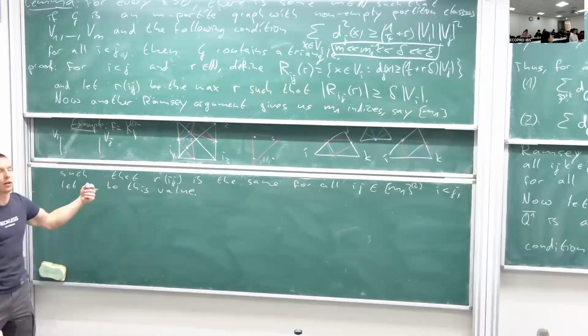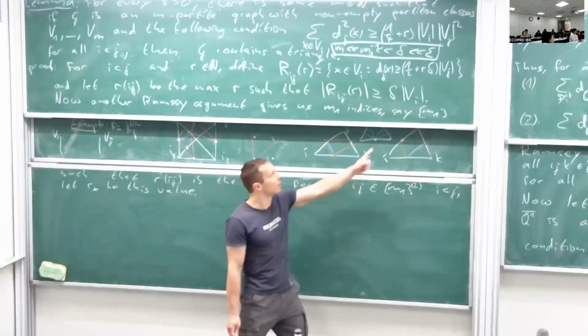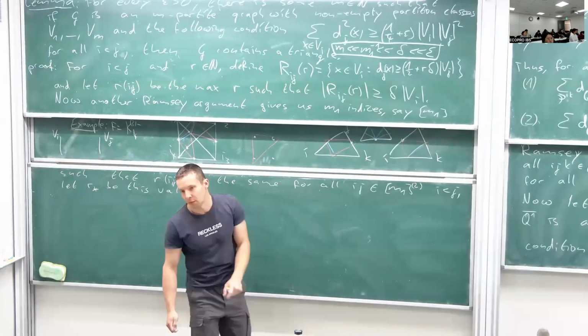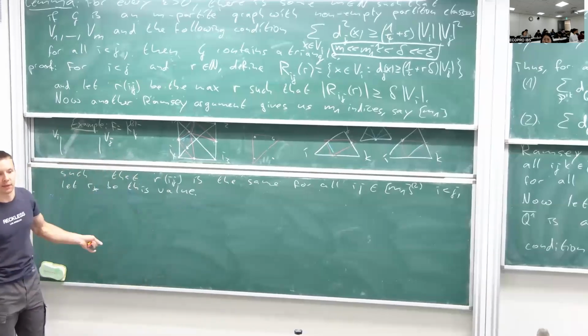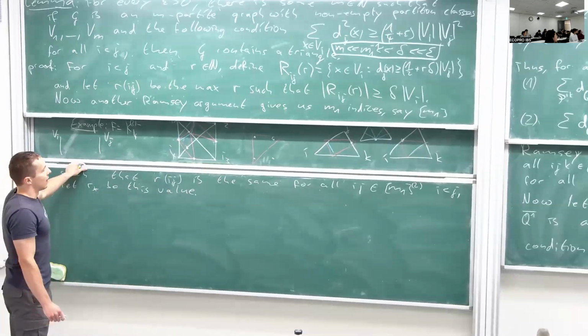And there are a few exceptions, but those exceptions are very few in the sense that they're at most a delta proportion of the set. That's why I'm saying that this is the effective maximum. Okay.